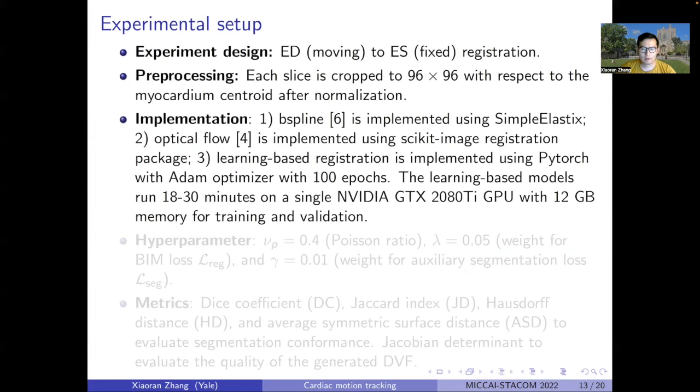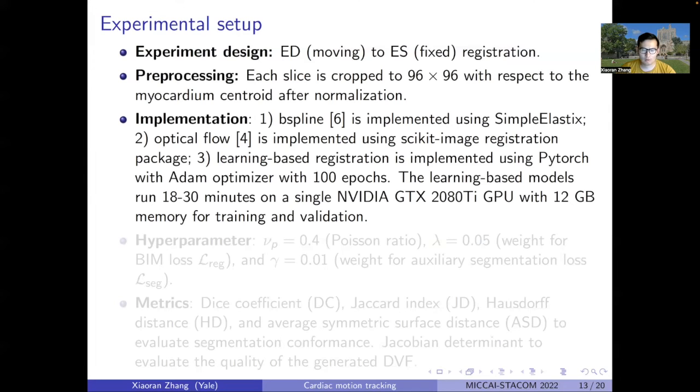We compare our proposed framework with several state-of-the-art registration methods, including B-spline, implemented using SimpleElastix, optical flow, implemented using the scikit-image registration package, a learning-based registration framework using VAE regularization, and another learning-based registration framework using L2 regularization. The learning-based registration algorithms are implemented using PyTorch with Adam optimizer for 100 epochs.